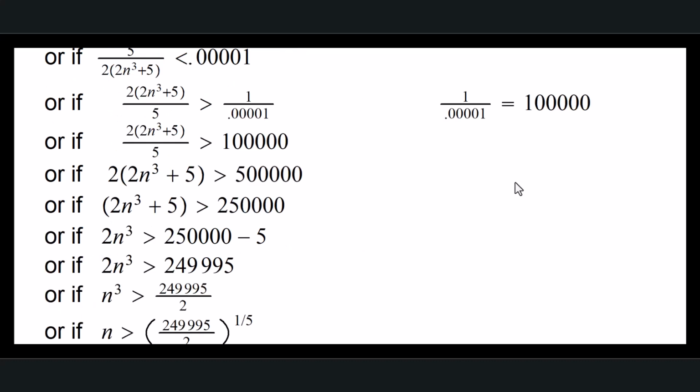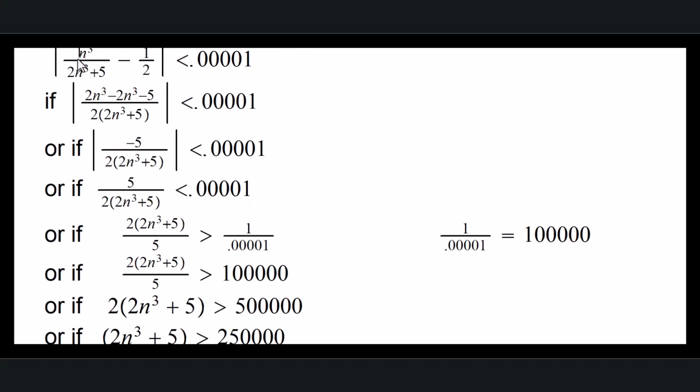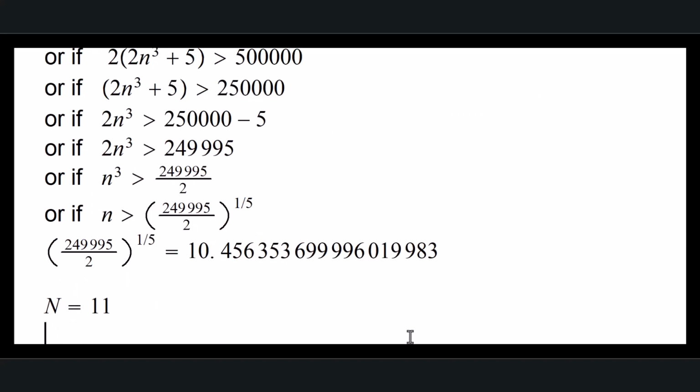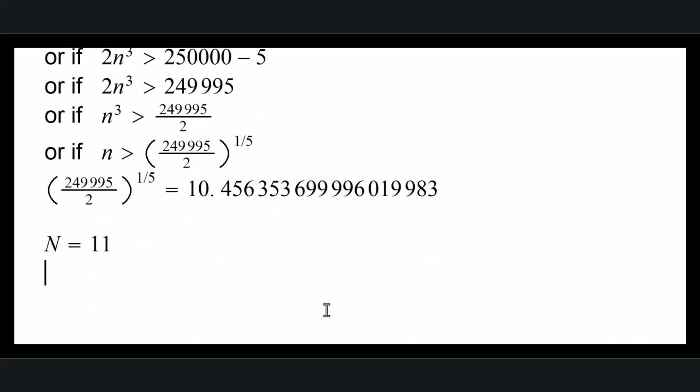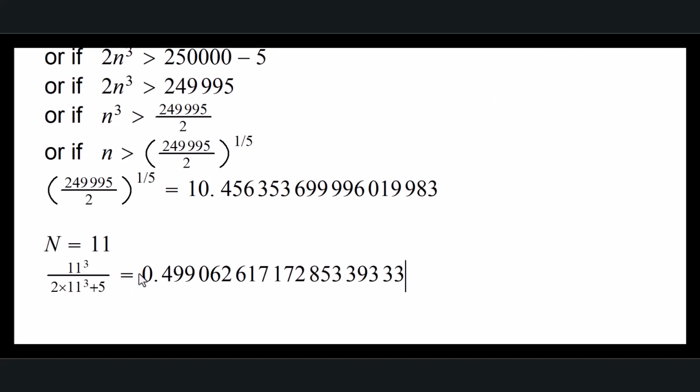That is, what was the limit? 1/2. So if I just took capital N equals 11, let's see how close it is to 1/2. So this quantity is how much?